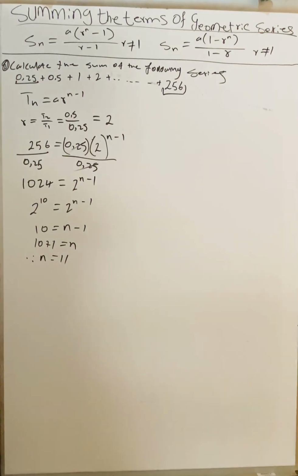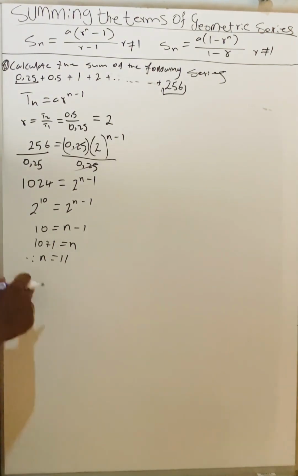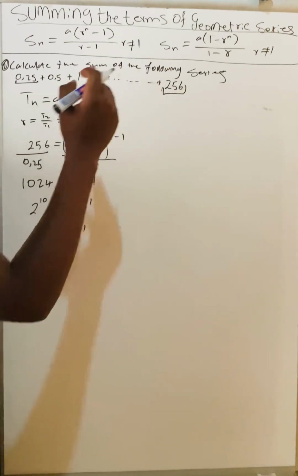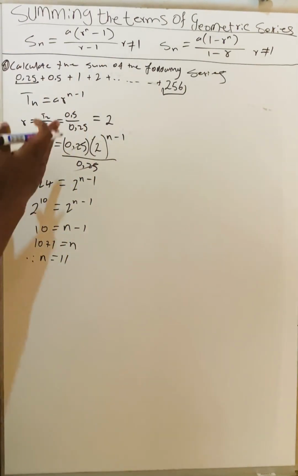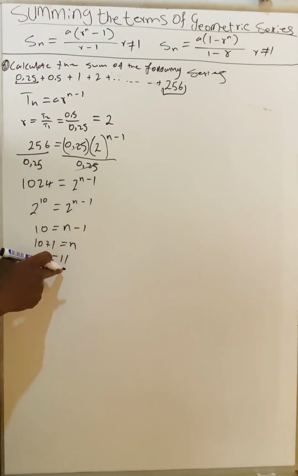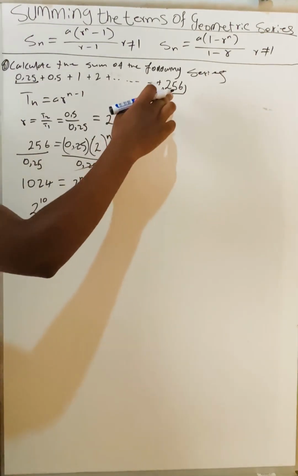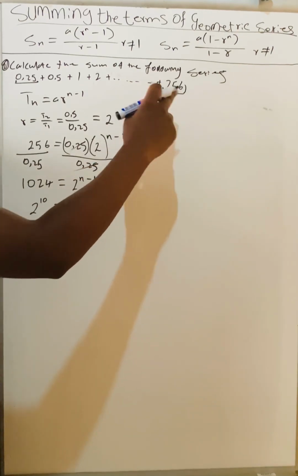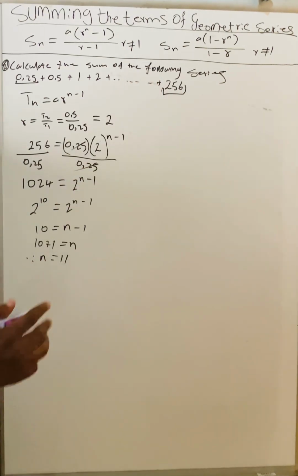We are not done, guys. We need the sum of the 11 terms, which is the sum from T1 until T11. Our T11 is 256. Then we need the combination.